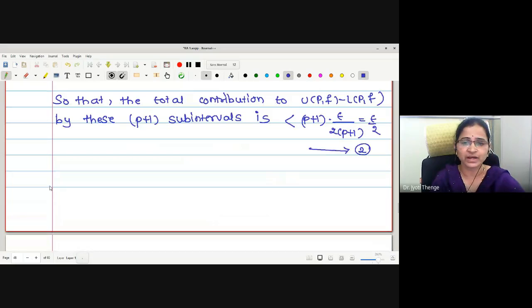Now we will write the total contribution by P subintervals and P plus 1 subintervals.